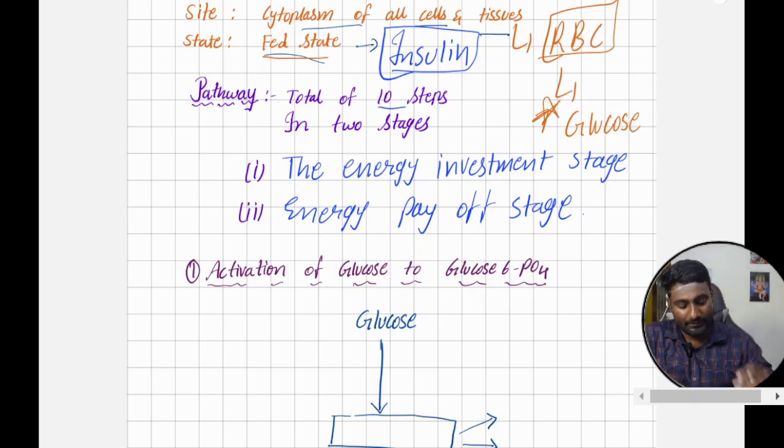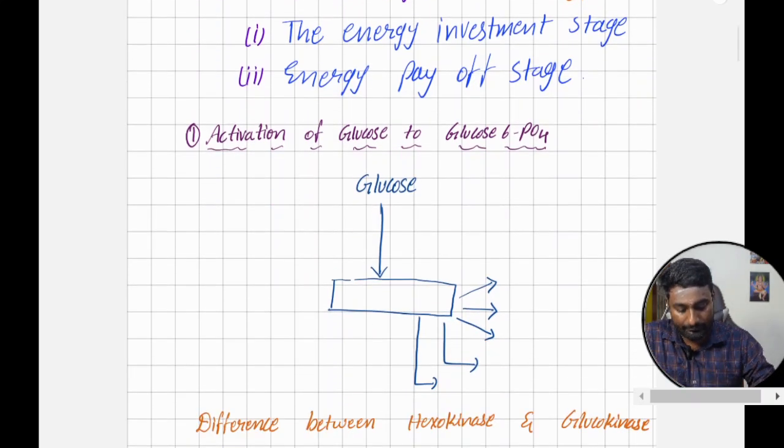Okay. Let's go into the first step of glycolysis. In the first step, glucose is getting converted into glucose 6 phosphate. So what is the requirement of this step? Let's take an example. Suppose a neighbor of yours came to your house. You want to make the neighbor stay for long. What will mother do?